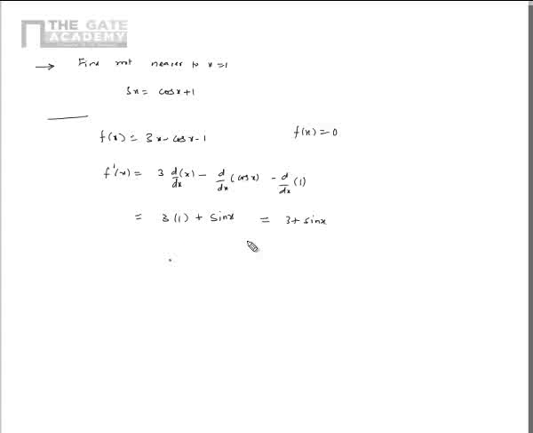Okay, so in general I can write h n plus 1 is equal to h n minus f of h n by f dash h n. Sorry guys, this is f dash h n.